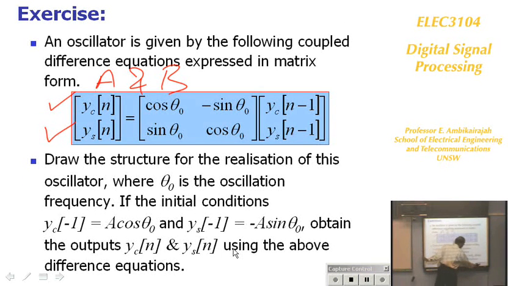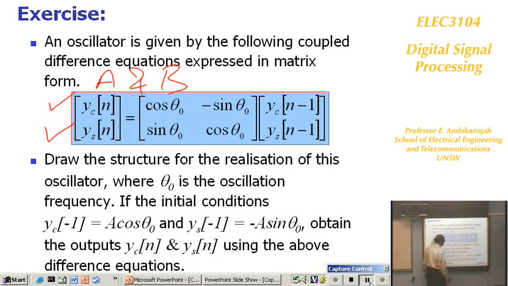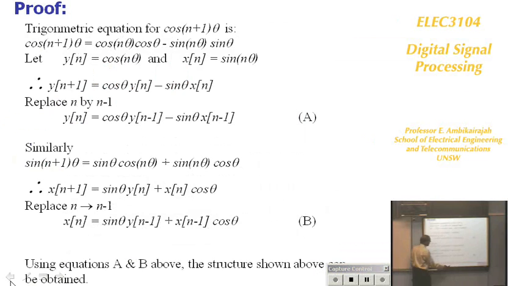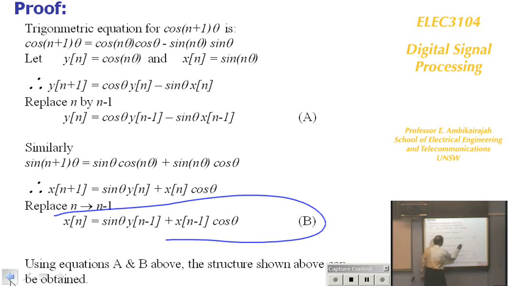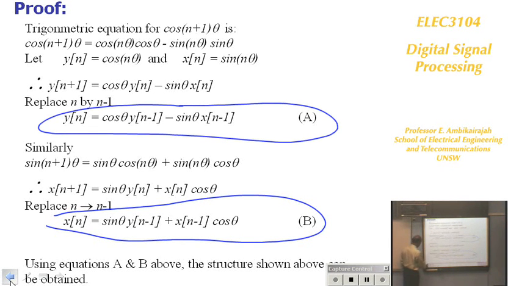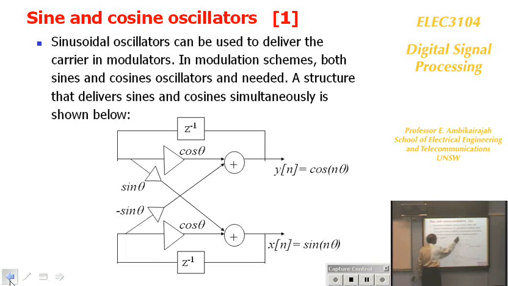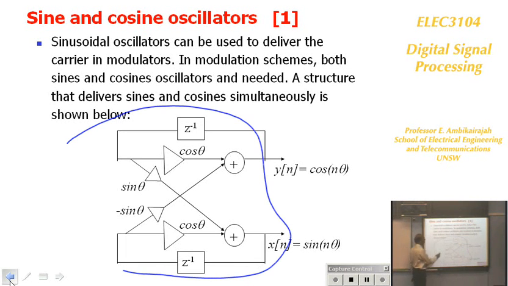Just give me a second. So I just go back, and if you implement that structure B and A, just implement them as we did before, you get this structure. So I've given the structure and I've derived the equation, and from the equation you implement this one.